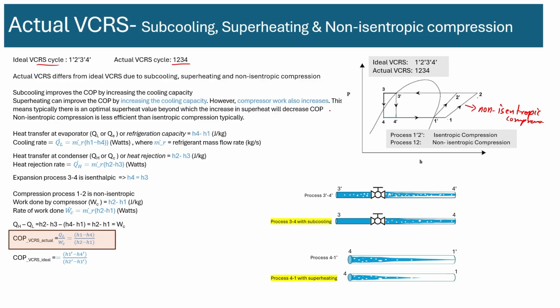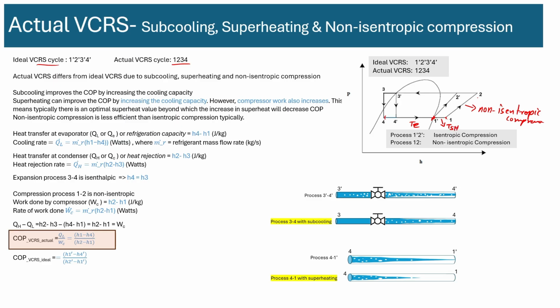What is the other difference? The other difference is the location of the ones. 1 prime moved from here to here. So that means it's not exactly on the dome. What is coming out of the evaporator increases in temperature. So the temperature is T evap only inside the dome, okay? T is constant only inside from here to here. But outside it increases, and this is the T superheat.